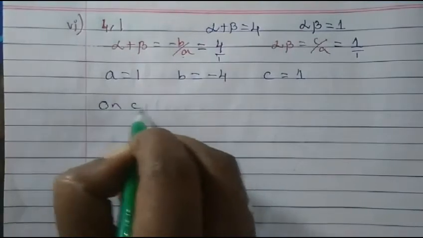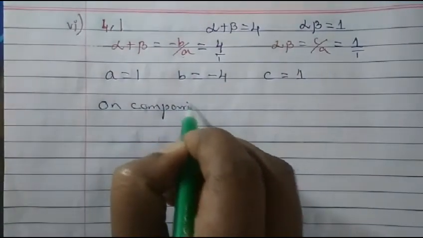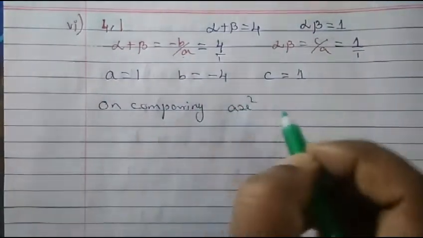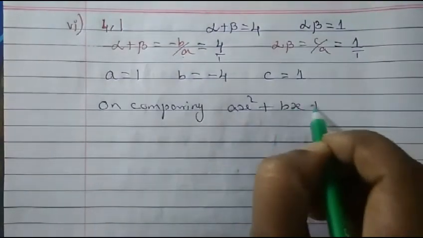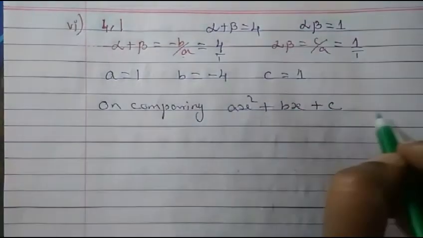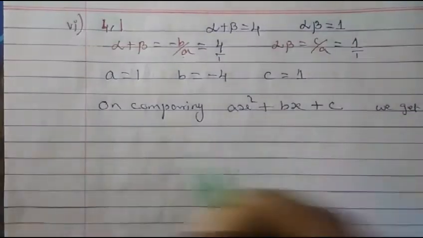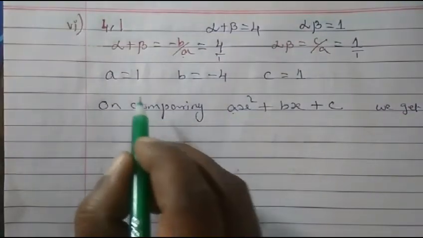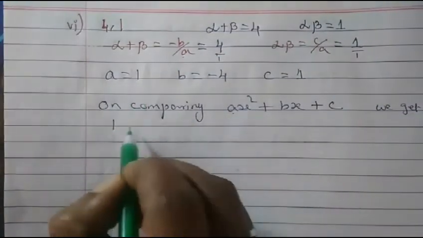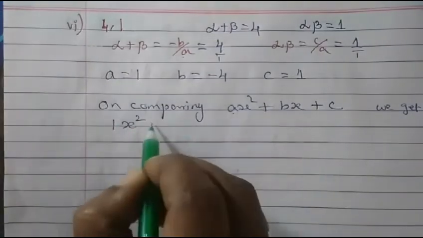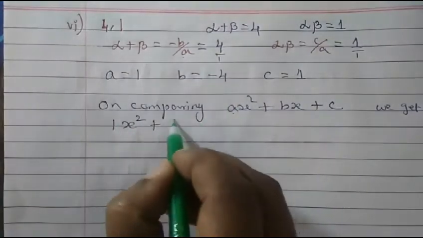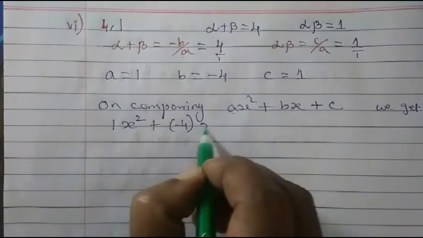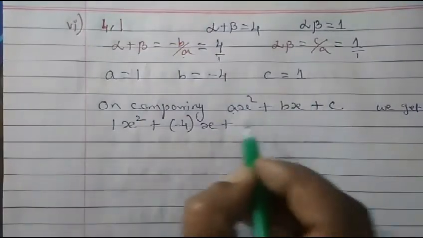So on comparing ax square plus bx plus c, in the place of a we have 1. Then x square as it is, plus b which is minus 4, x as it is, plus c which is 1.